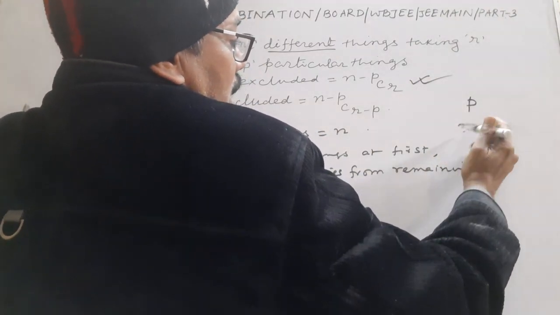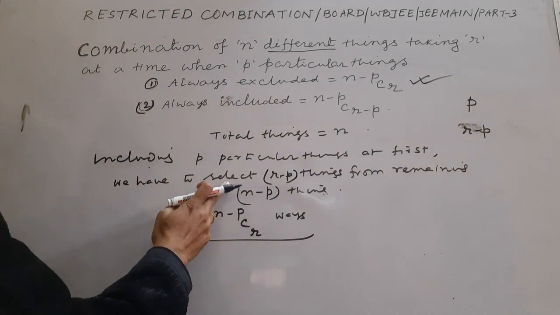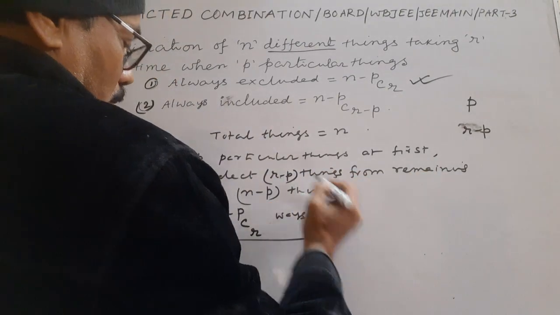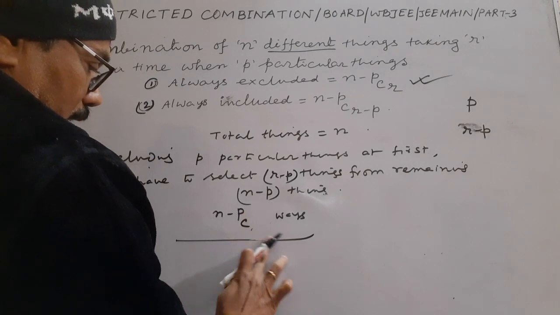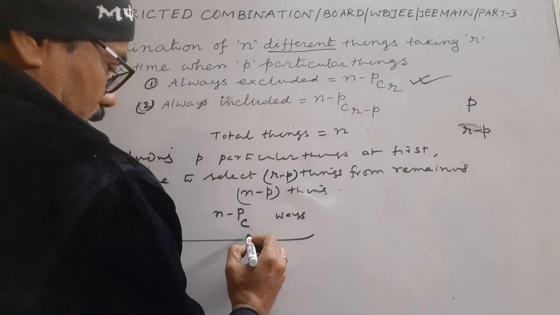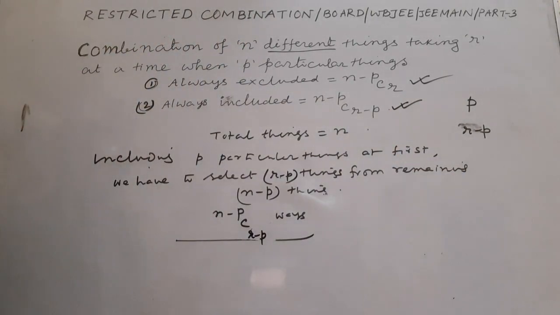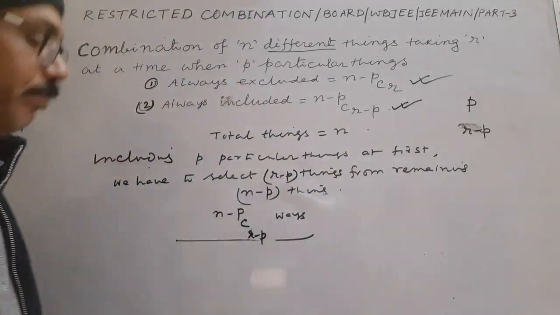So the remaining selection is r minus p. So we have to select r minus p things from the remaining n minus p things. So this can be done in n minus p C r minus p ways. So this is our working tool.